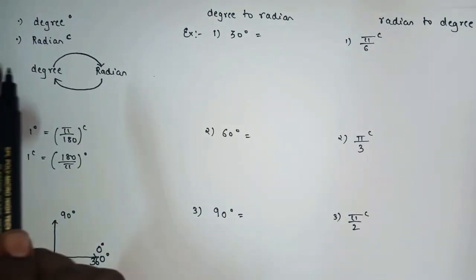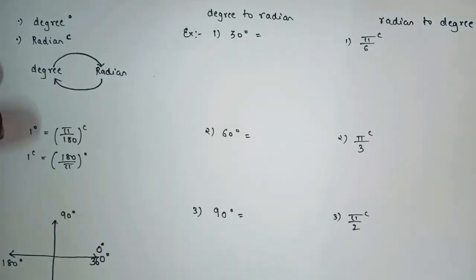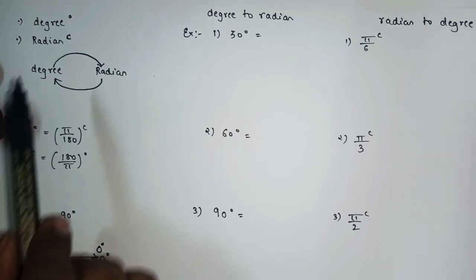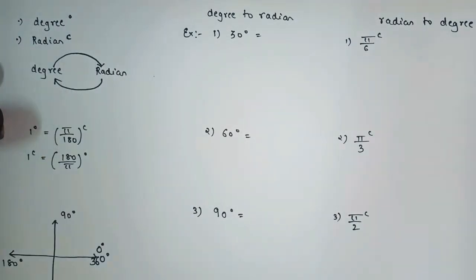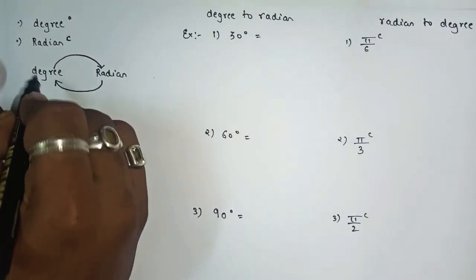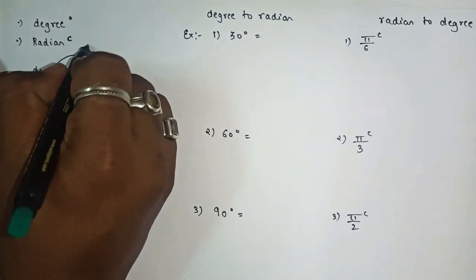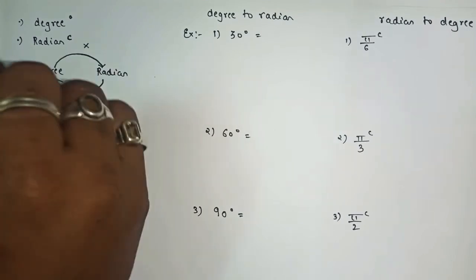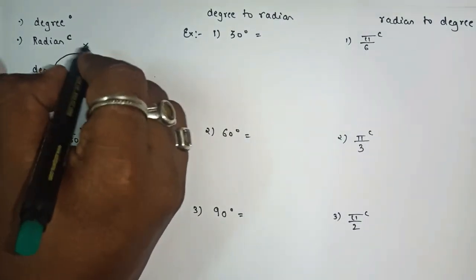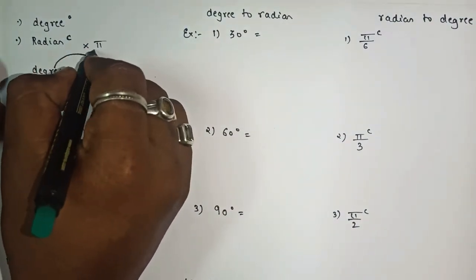Now we'll see how to convert degree into radian. Simply, if you want to convert any degree into radian, you will multiply that number, that term, by pi by 180.